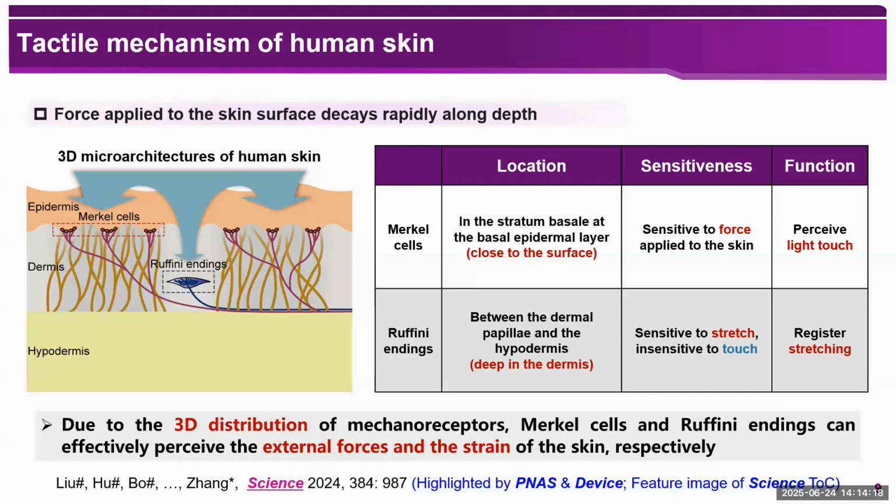Additionally, we notice that the Merkel cells are supported by collagen fibers in the dermis layer, which makes this part more rigid than the other part. Therefore, when you apply a stretch to the skin, the soft part will undergo a larger deformation than the other region, and therefore the Ruffini endings become more sensitive to the deformation of the skin, such as the stretch of the skin. So this is the mechanism why the Merkel cells and Ruffini endings in our human skin are more sensitive to the external forces and the stretch of the skin, respectively.